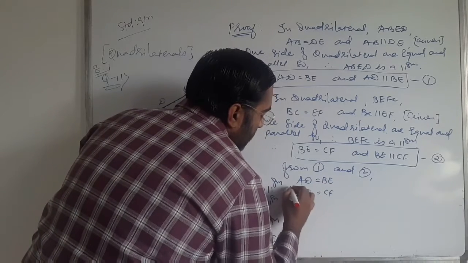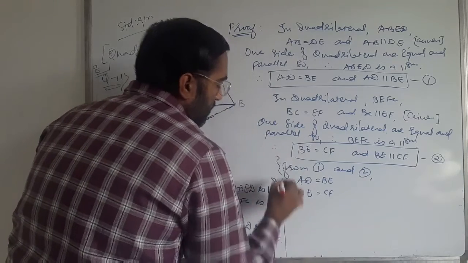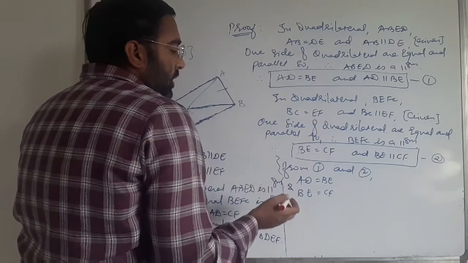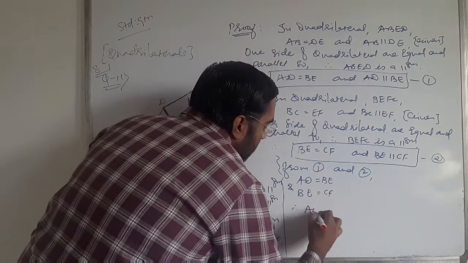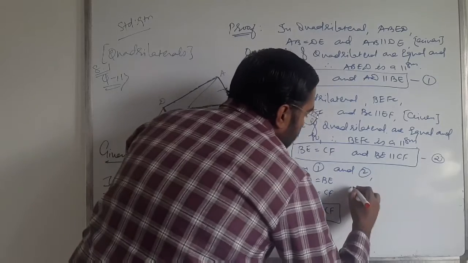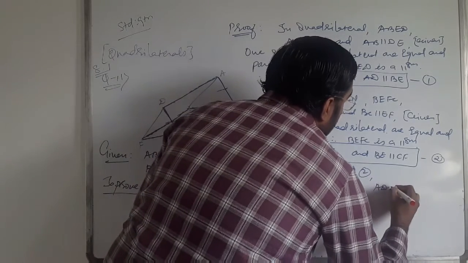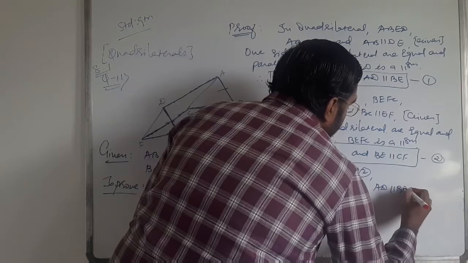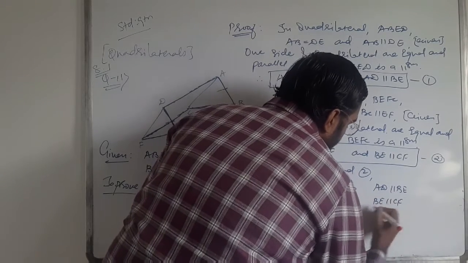Therefore AD is equal to CF and AD is parallel to BE, but BE is parallel to CF.